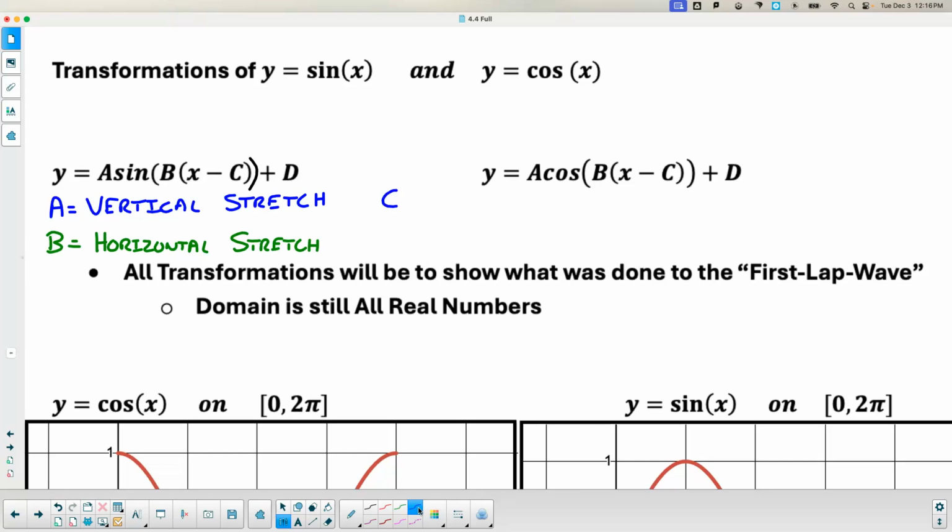Our C value is going to be our horizontal shift.